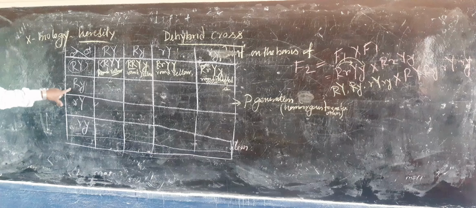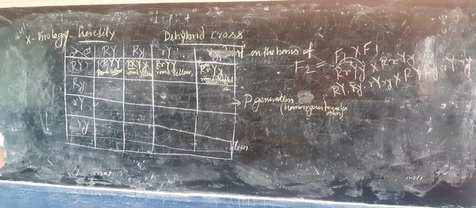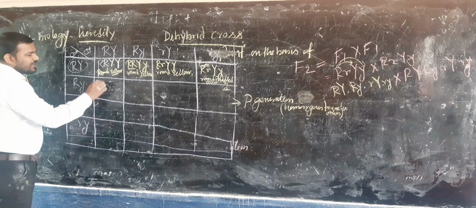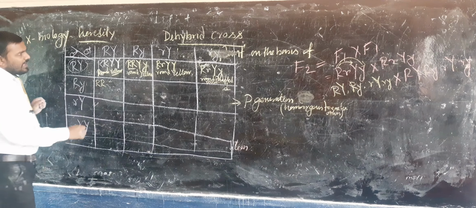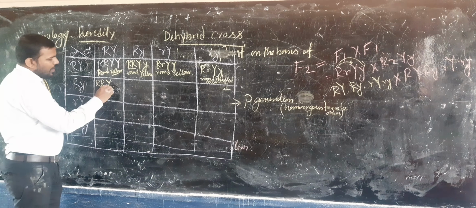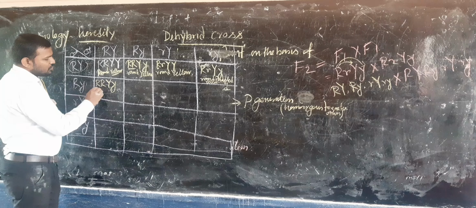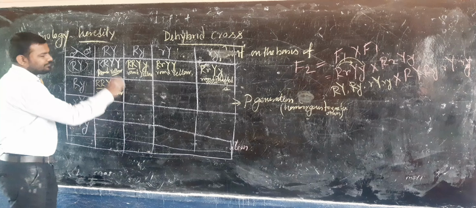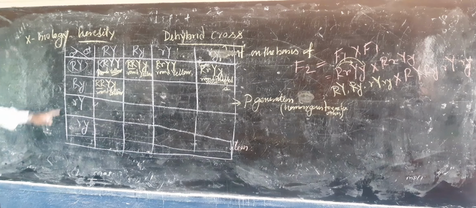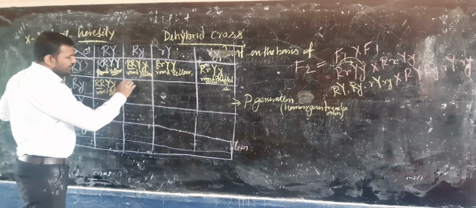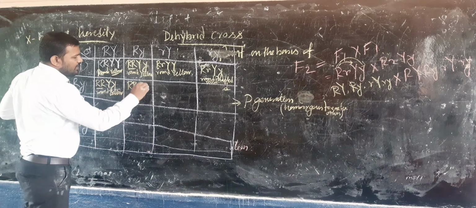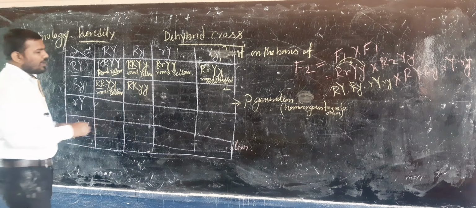Next one, these gametes are going to fertilize with those four gametes. Capital R, resulting in capital R and capital Y, small y. So R for the round shape and capital Y for the yellow color. Now next, these are capital R, small r, small y.